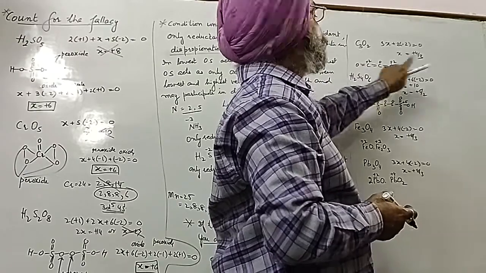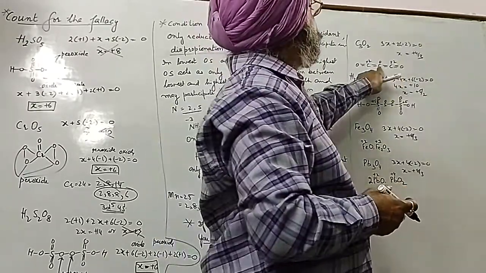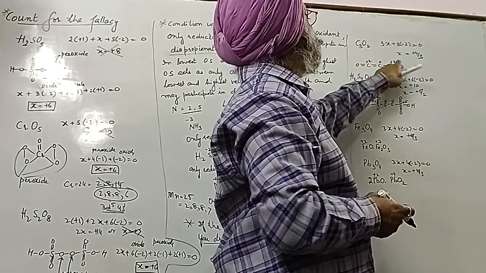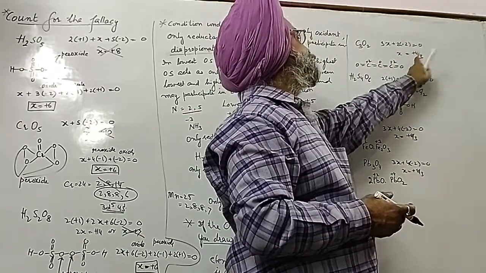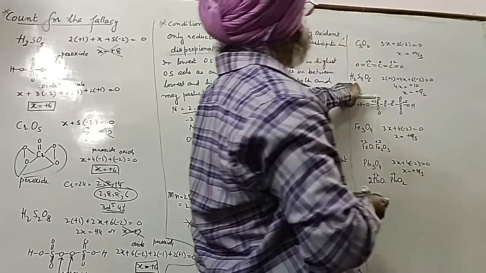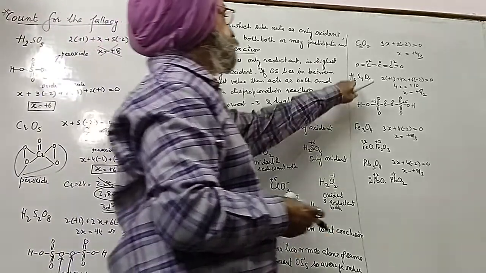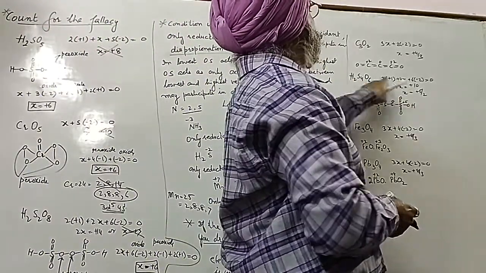They are the same element. They will not be removed, and hence the oxidation state is 0. So the +4 oxidation state is distributed over 3 carbons, and hence the average value comes out to +4 by 3.